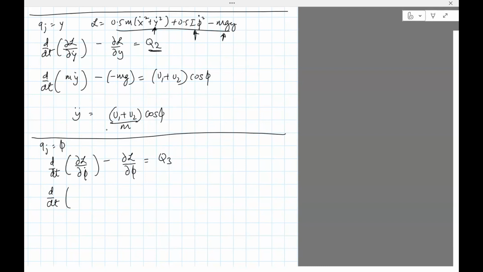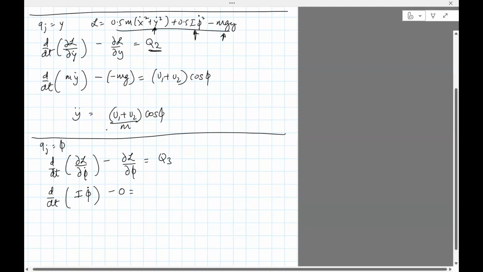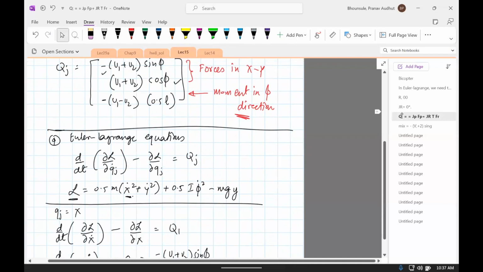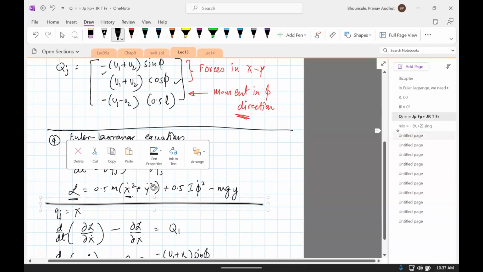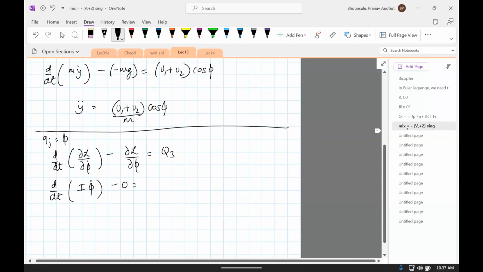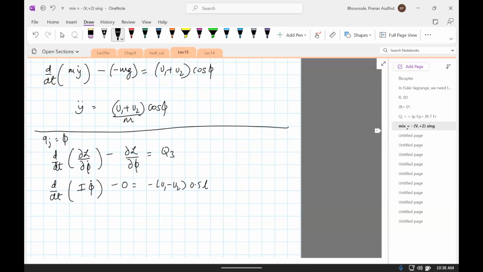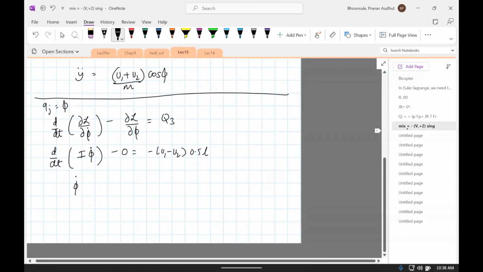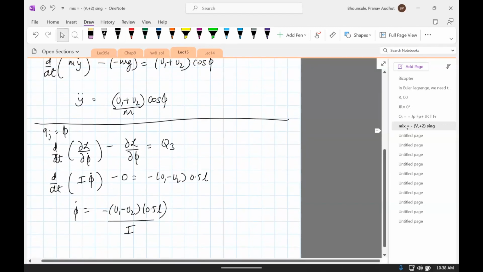It will be only this term, which has a phi dot, so I phi dot, minus, there's no phi appearing in this, so it'll be 0. And Q3 is what appears here: minus u1 minus u2 times 0.5L. So the last equation is I phi double dot equals minus u1 minus u2 times 0.5L, divided by I. Okay, so those are my equations.